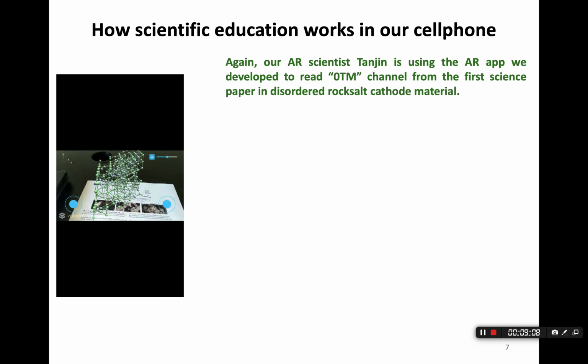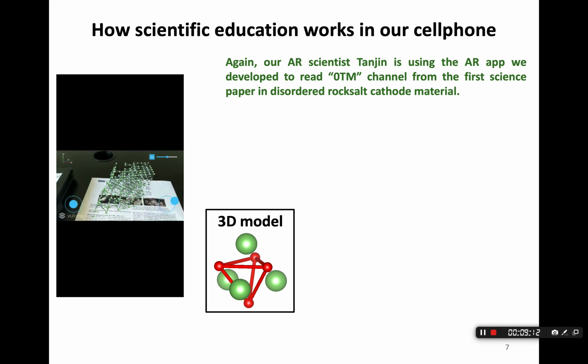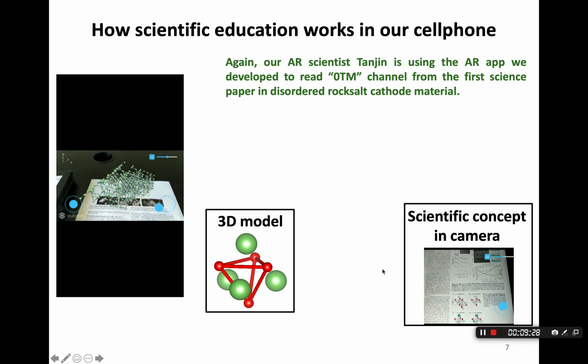Whenever you put a camera onto the paper, it shows you how atoms are connected to form a percolation network. The design behind this app is that we establish a three-dimensional model using a tool, for instance, SolidWorks. Then we prepare these models, for instance this kind of percolation network, and connect them with a scientific image.